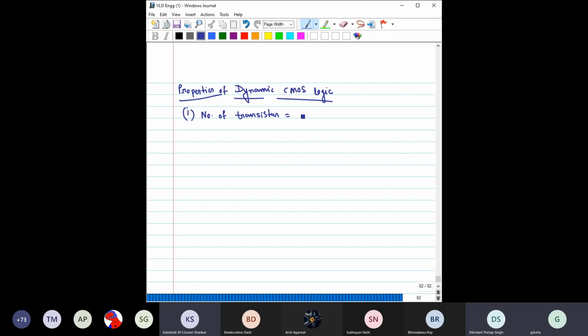Number of transistors is equal to n plus 2 instead of 2n for static CMOS. In case of static CMOS, right? This one we have already discussed.